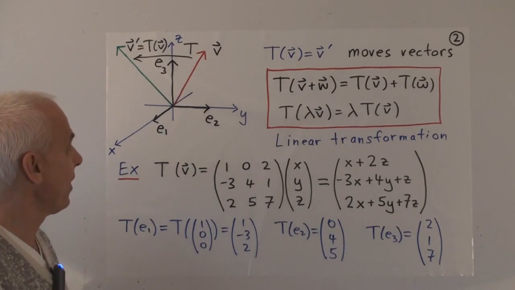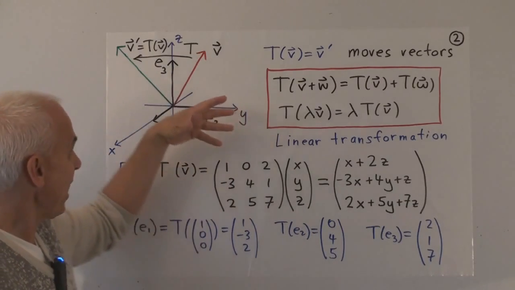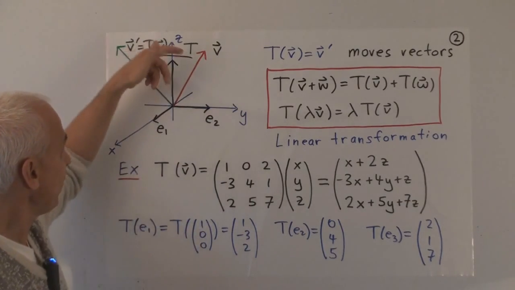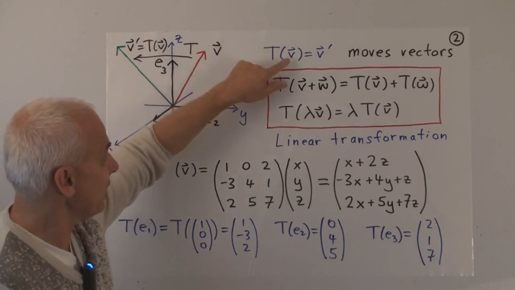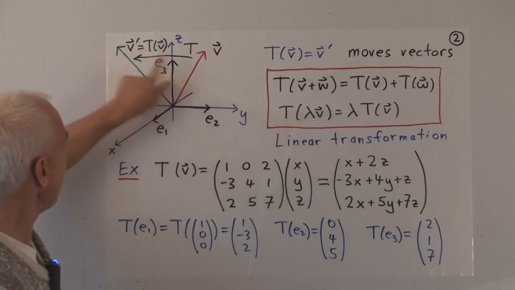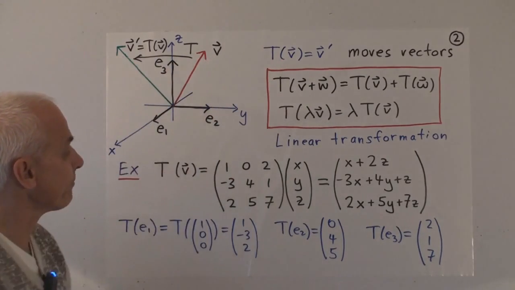Call it V. And we're thinking of this transformation of multiplying by the matrix as an actual movement of the vectors in this space. So T is a transformation that inputs one vector, that vector V say, and outputs a second vector V prime. Let us say that green one. So it's moving the vectors around.